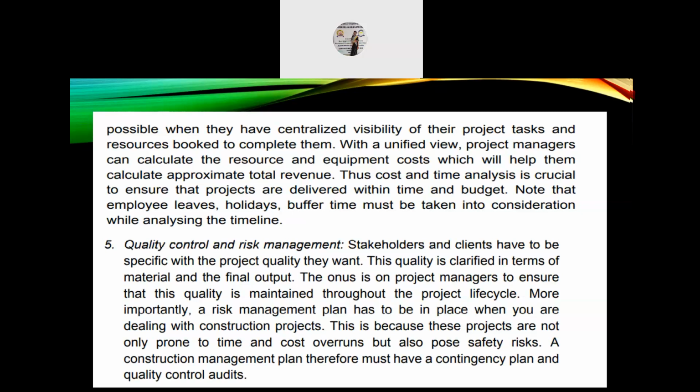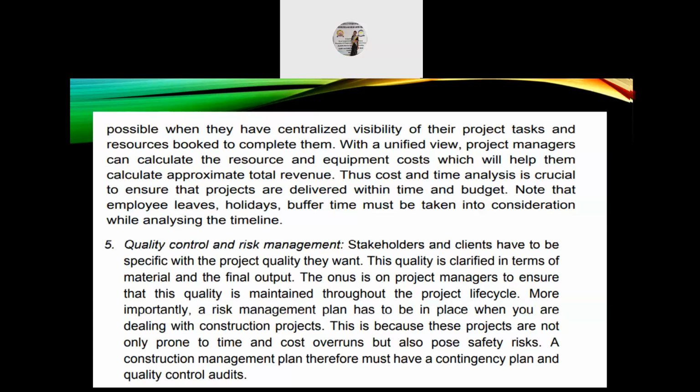With a unified view, project managers can calculate the resource and equipment costs, which will help them calculate approximate total revenue. Thus, cost and time analysis is crucial to ensure that projects are delivered within time and budget. Note that employee leaves, holidays, buffer time must be taken into consideration when analyzing the timeline.